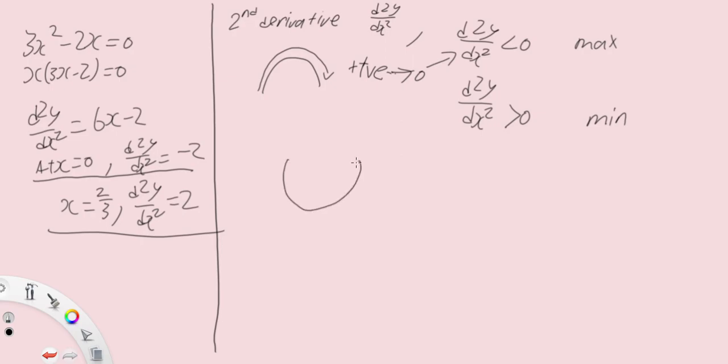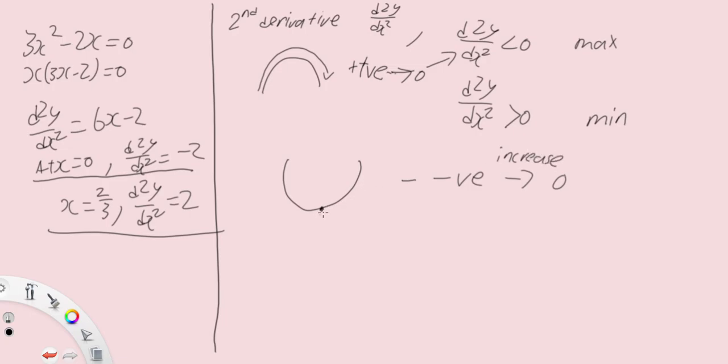Similar logic is applied to the minimum graph. The gradient was very negative at first, but as it approaches the stationary point, the gradient becomes less and less negative. So it's very, very negative, but it increases to 0. From negative, you increase to 0.